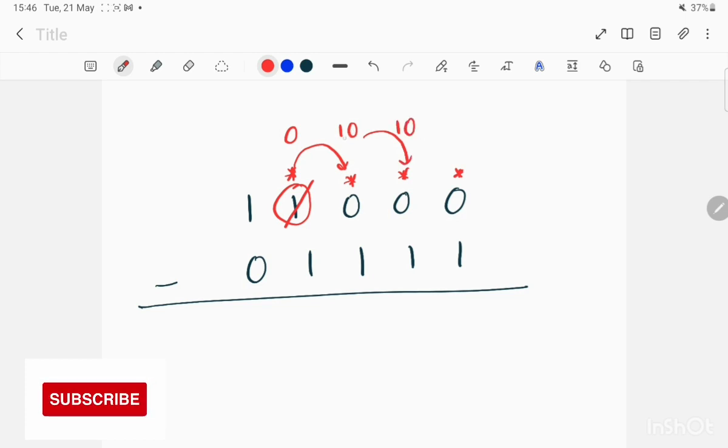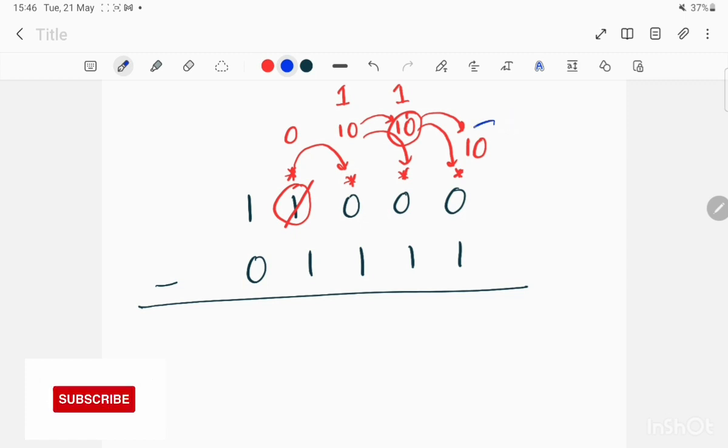But since 1 0 is nothing but 2, and you have given already 1 here, 2 minus 1 becomes 1. Alright. Now from here again we will borrow 1, so it becomes 1 0. But since you have already given 1 here, 2 minus 1 becomes 1.